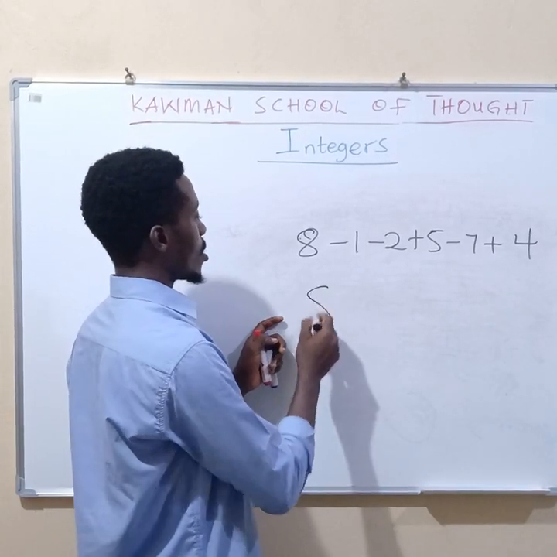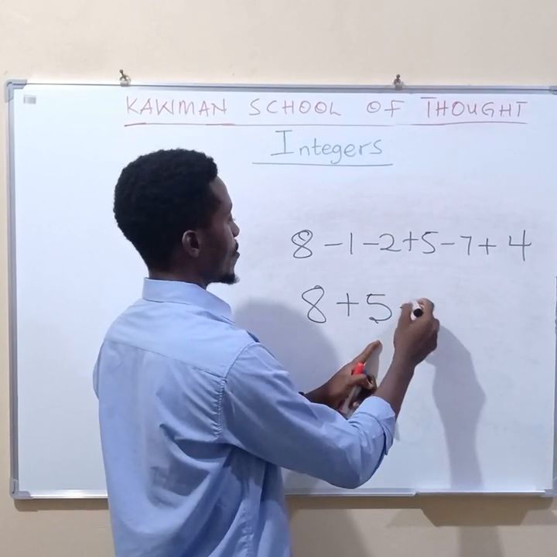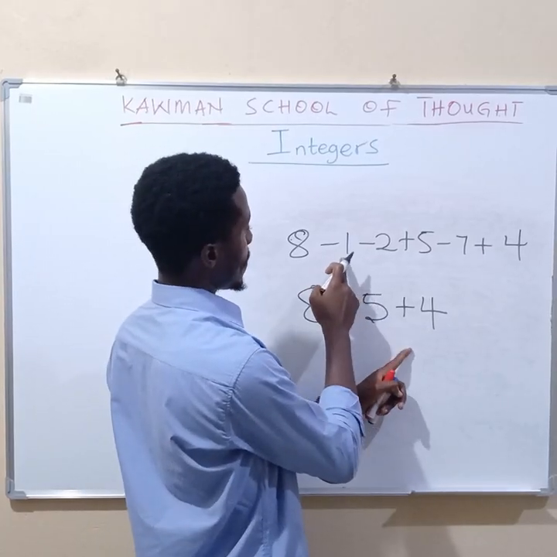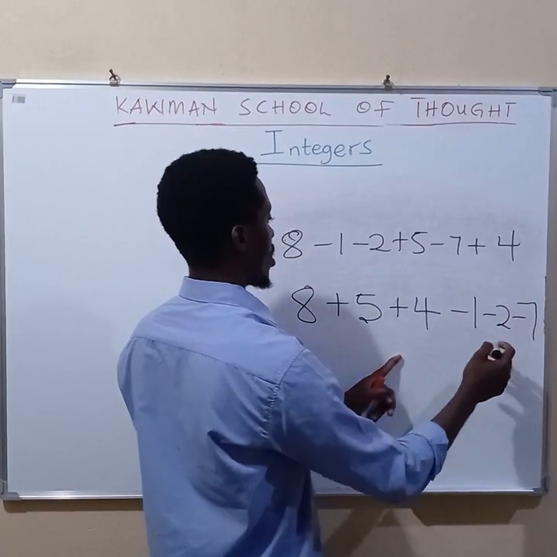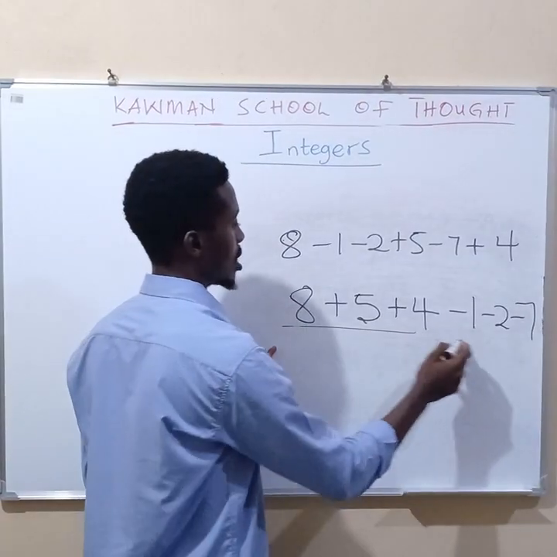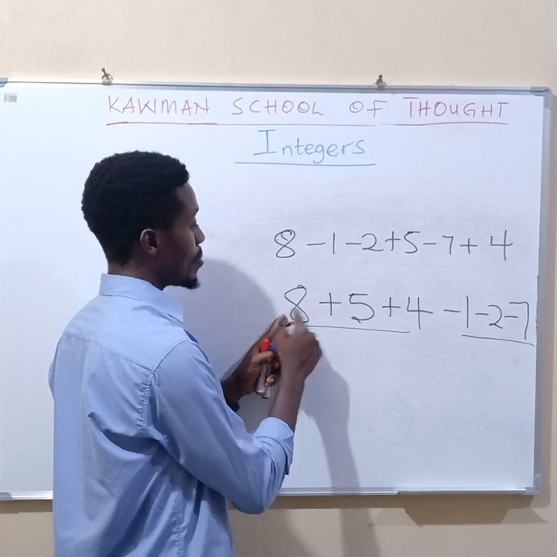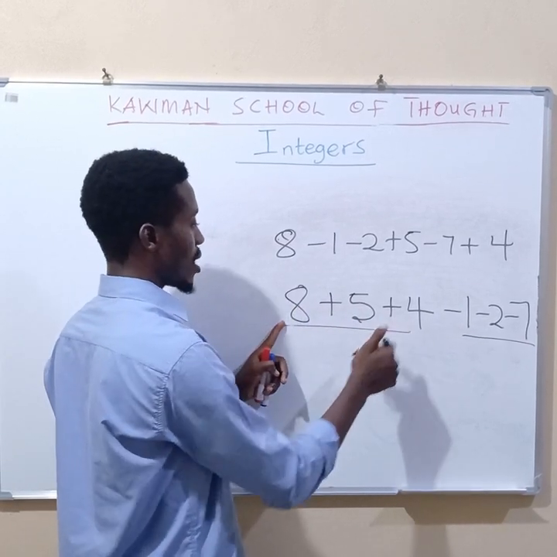So 8 plus 5 plus 4, and then that's all. Then negative 1 minus 1 minus 2 minus 7. Let's simplify this. You see them? Let's simplify them. 8 plus 5 gives us 13, plus 4 gives us what? 17.